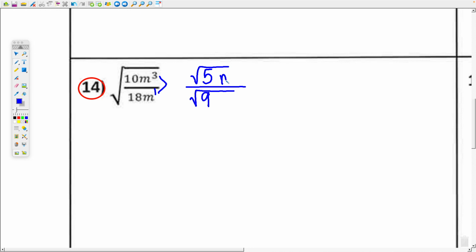So that's going to be m to the second power on the top, okay? From here, can you take the square root of 9? What does it become? 3. Can I split the square root of 5m squared? Yes. Let me show you how.